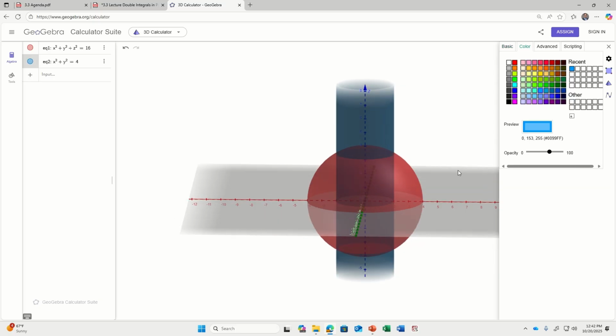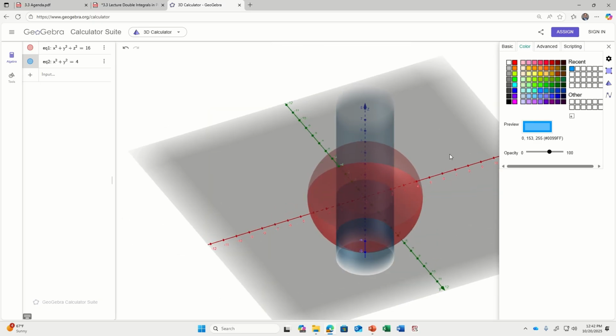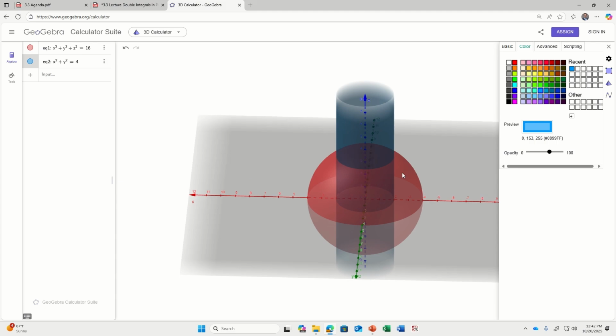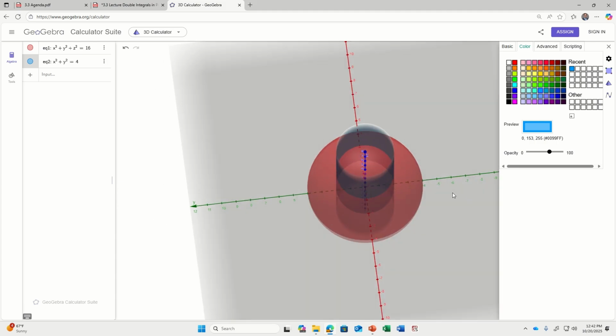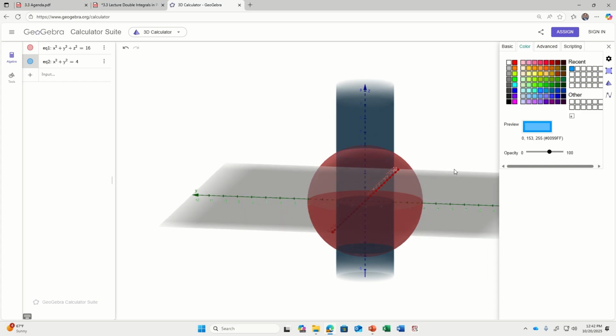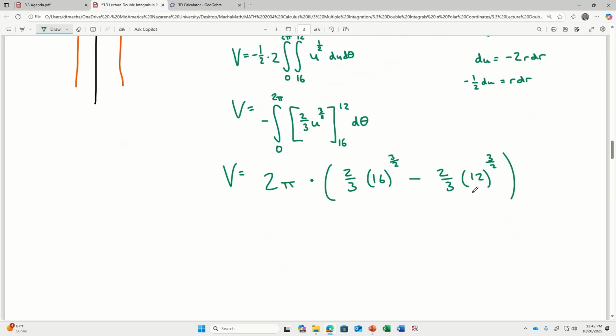So we're looking for the solid that's inside the cylinder and inside the sphere. So the top is rounded, the bottom is rounded, but the sides are those straight vertical blue sides.